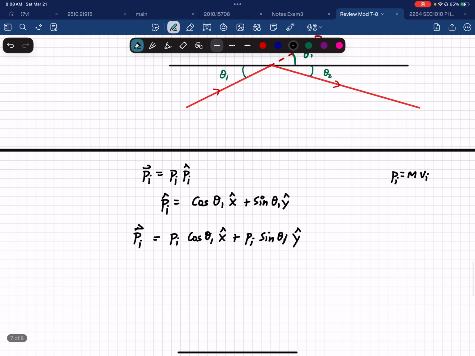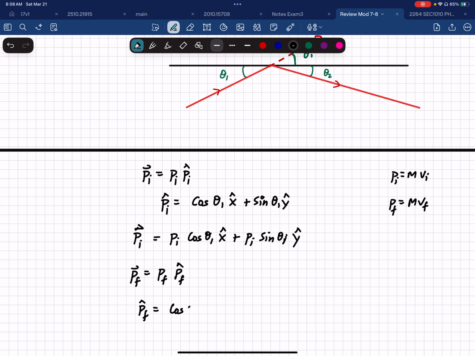Similarly, I'll write down the final momentum, where we had pf and mvf, and the pf is in the fourth quadrant.